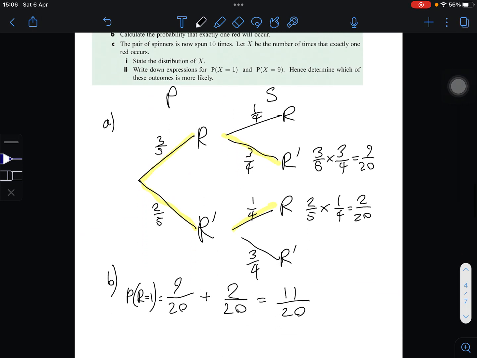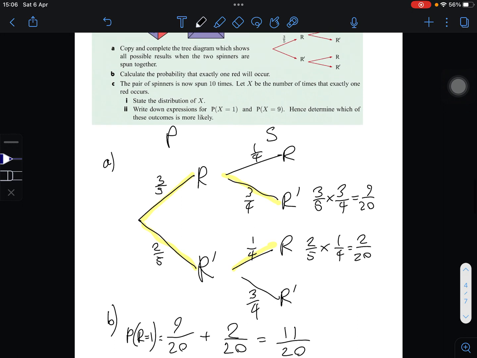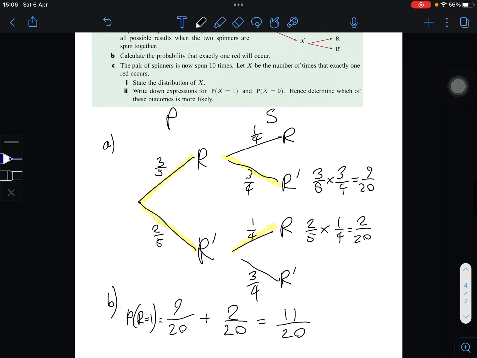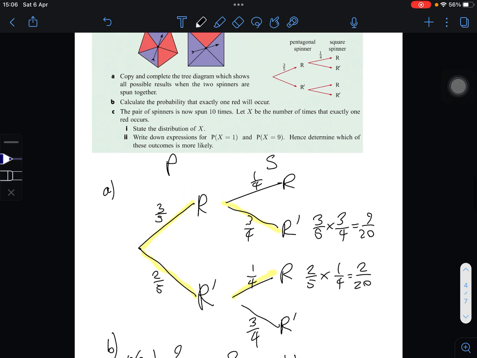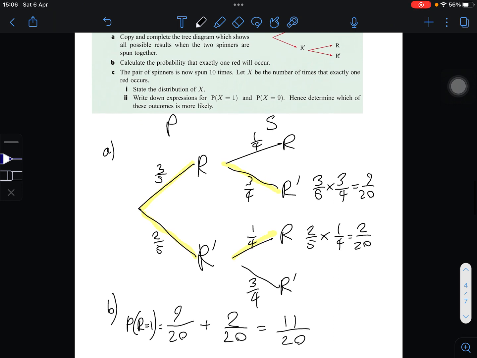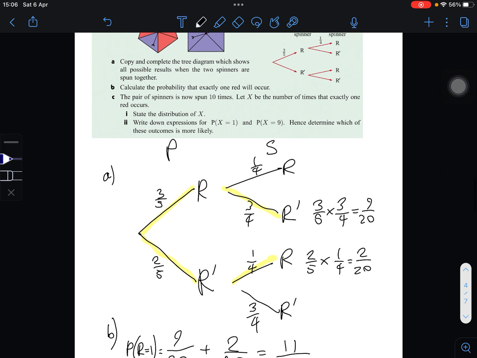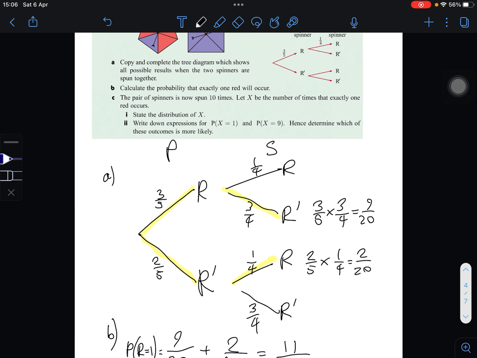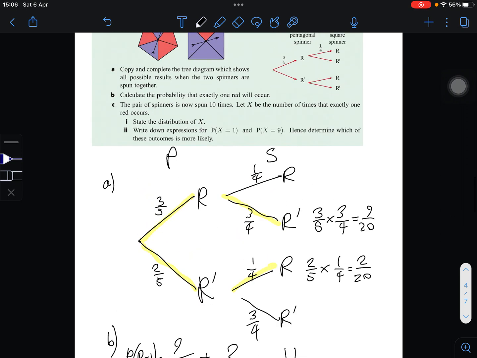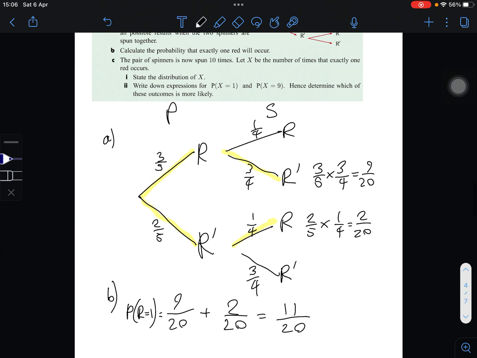Okay, part C. The pair of spinners is now spun 10 times. Let X be the number of times that exactly one red occurs. Okay, the probability of one red is 11 over 20.